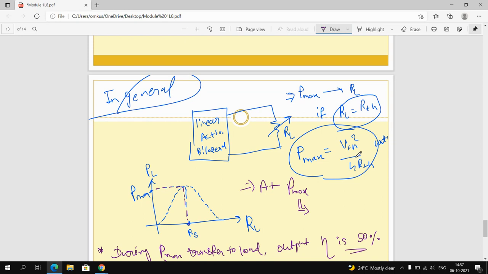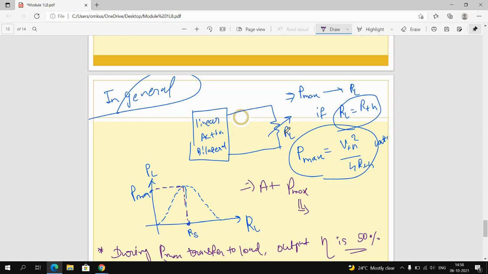Once you find those terms, you can easily find out the maximum power to that load. And also you can set the condition for what value of this internal resistance or load resistance should be, such that the maximum power is transferred to the load.